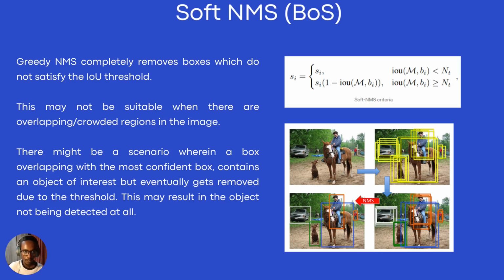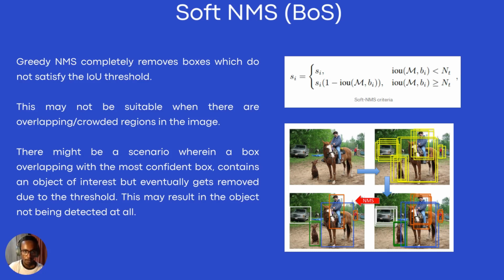So the previous one, the greedy NMS, completely removes the boxes which do not satisfy the IOU threshold. So when they are greater than the IOU threshold, we're just giving a value of 0. And this may not be suitable when there are overlapping or crowded regions in the image. So there might be a scenario wherein a box overlapping with the most confident box contains an object of interest, but eventually it gets removed due to the threshold, and this may result in the object not being detected at all.